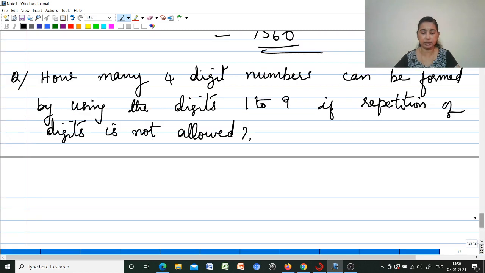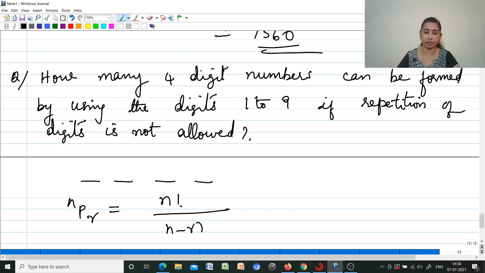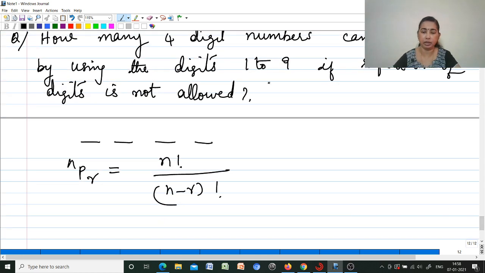All the digits given are different, that is 1, 2, 3, 4, 5, 6, 7, 8, 9 are the digits given. We have to make 4-digit numbers, and repetition is not allowed. So we can go for nPr. nPr is equal to n factorial by n minus r factorial, and here instead of n, the total number of digits given is 9.